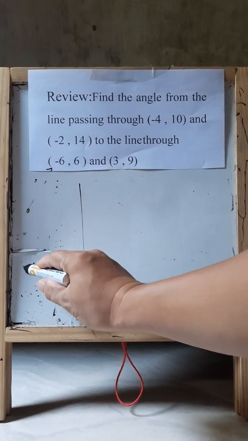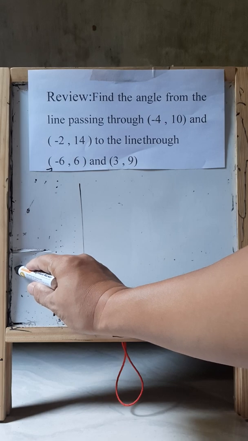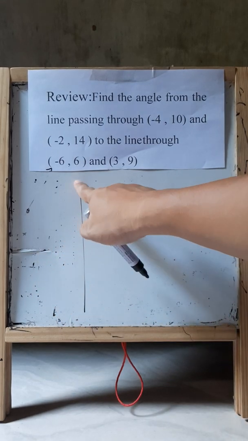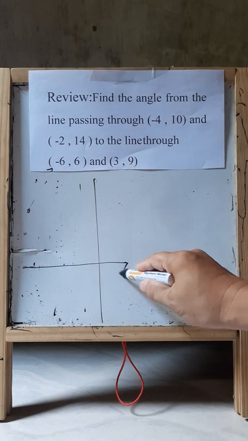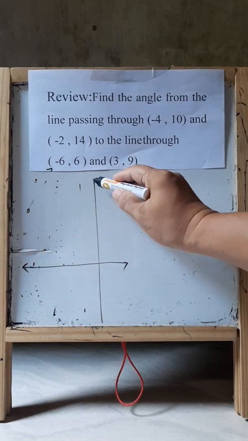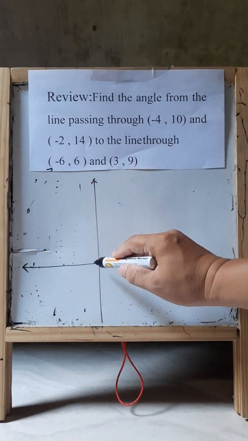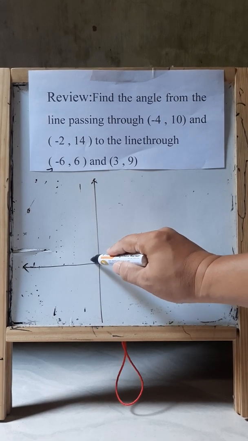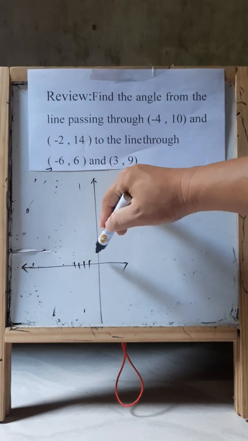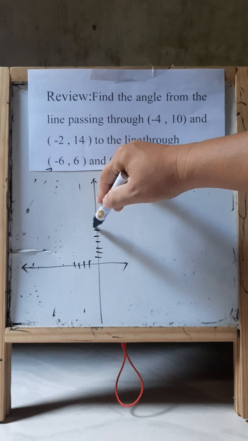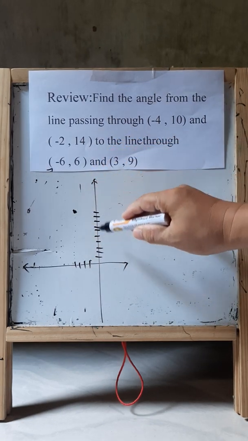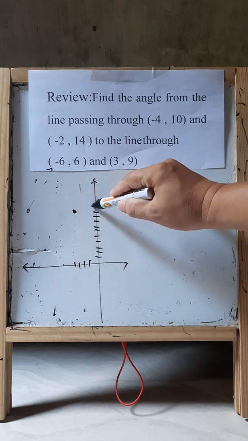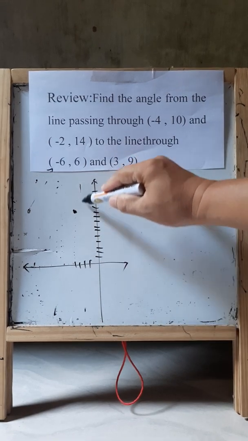Let us first plot the points forming two intersecting lines. First, we have (-4, 10): 1, 2, 3, 4, 5, 6, 7, 8, 9, 10. And the other one is (-2, 14): 11, 12, 13, 14.